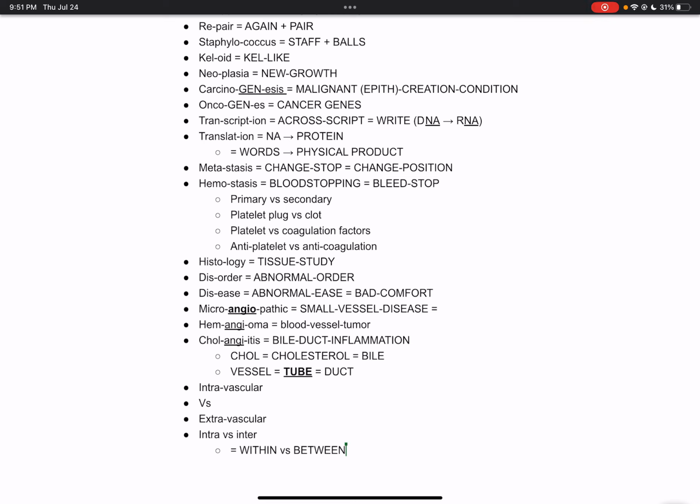Inter is like the difference between different concepts. Intra is like within one single concept. They're spelled similarly, so people can get them confused. So don't get them confused.